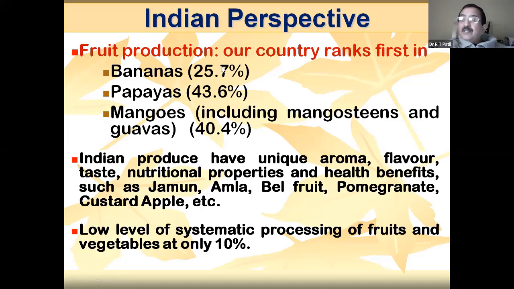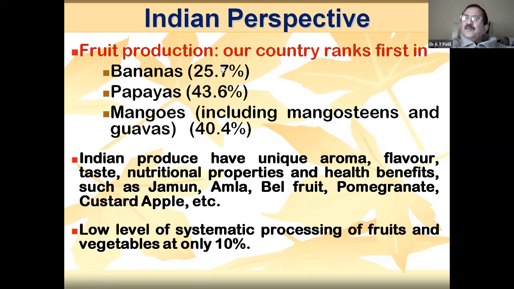However, the low level of processing of fruits and vegetables leads to losses, because these are highly perishable commodities. Their shelf life, once they are ripened, is hardly long. In the case of banana, for example, a ripened banana can keep only for 5 or 7 days. If it is not sold during that time, it rots, and that is the loss.